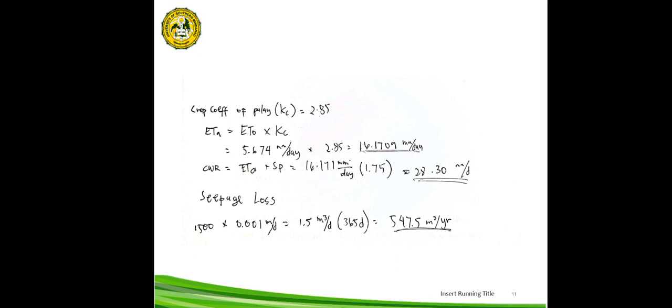For seepage loss, 1,500 meters squared times 0.001 meter per day equals 1.5 meter cube per day, times 365 days, so 547.5 meter cube per year for seepage loss.